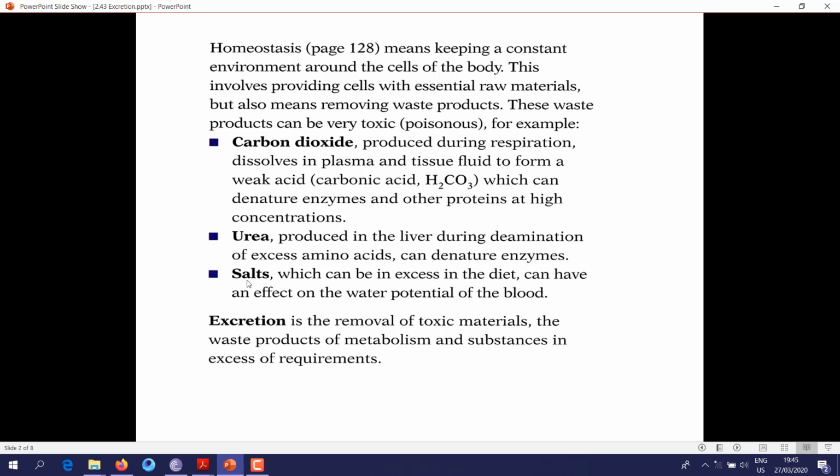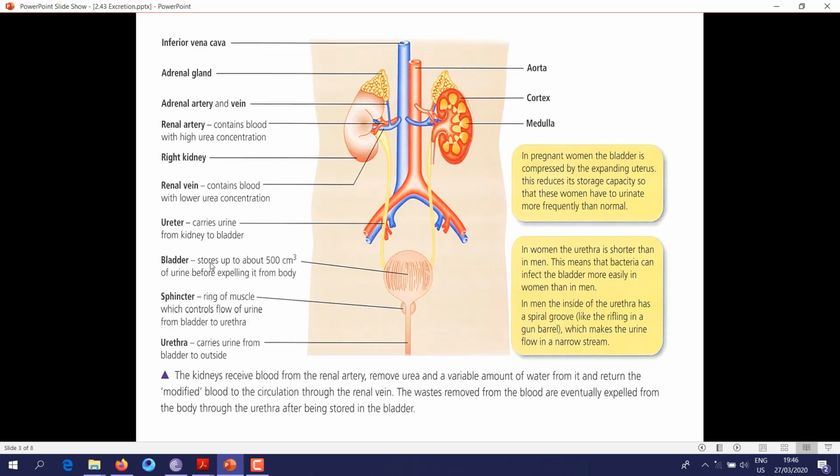Number three, salts. Then one more thing: you should know which organ in our body is responsible for blood filtration, for removing this waste product. Then the last thing, you should know the structure of the kidney.